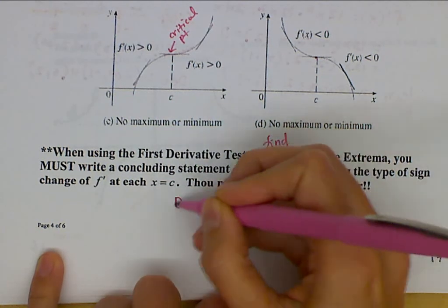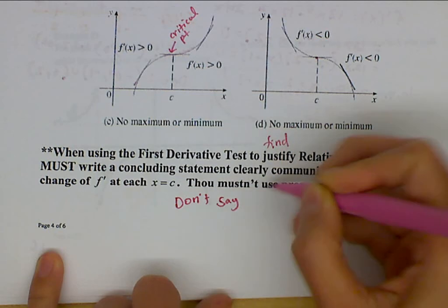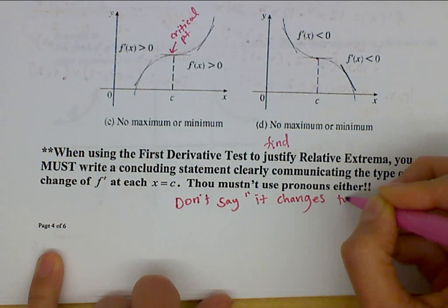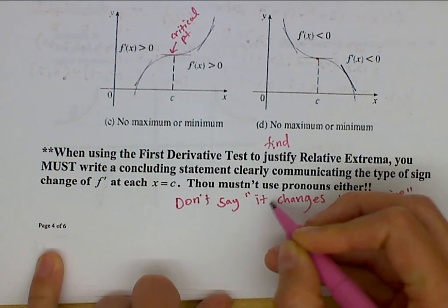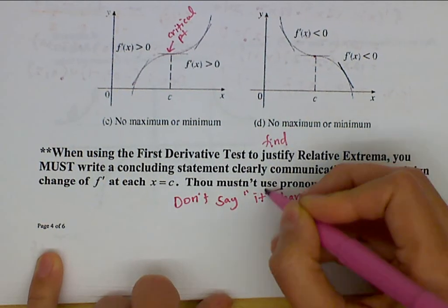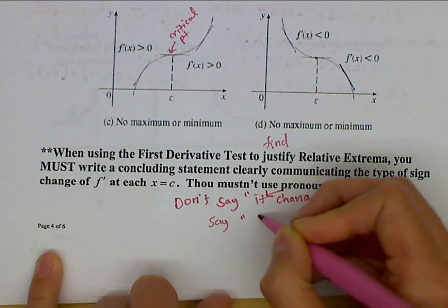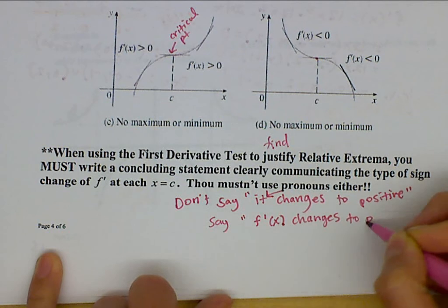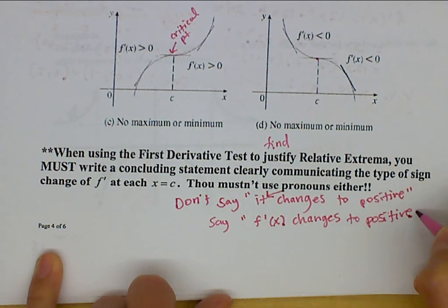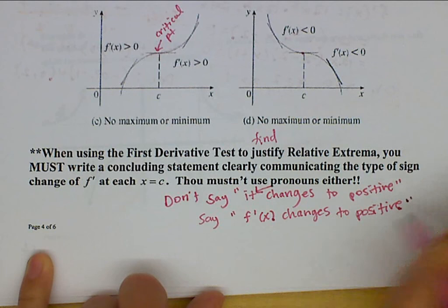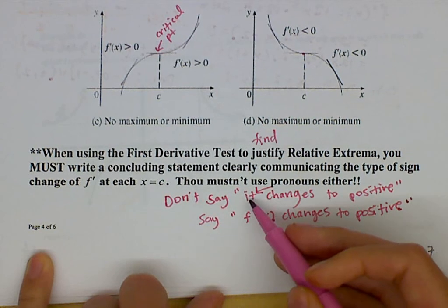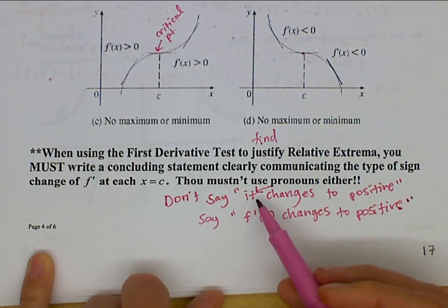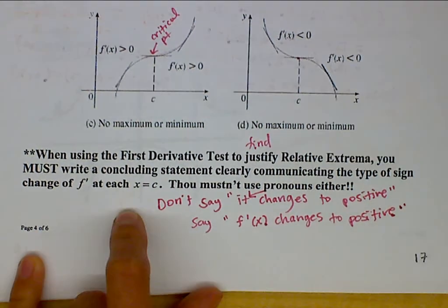Don't say it changes to positive. The "it" is a pronoun here. You should say f prime of x changes to positive. All of my students, even my BC students, have a hard time remembering not to use pronouns. You need to be really specific because it could be talking about f of x, but we're talking about f prime of x, so be very specific with your language.